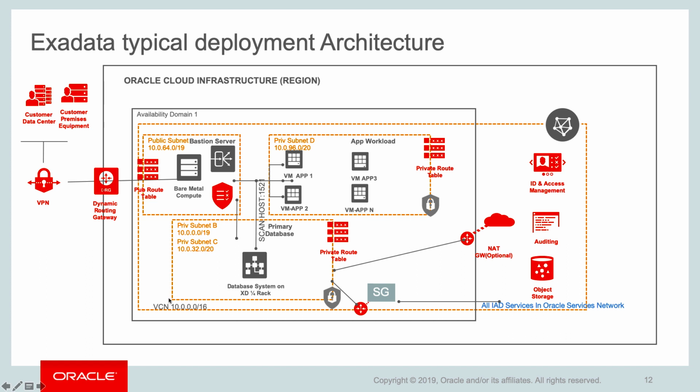So VCN is the first starting point, which is Virtual Cloud Network, and VCN creation needs a CIDR block to get started. In this case, I have taken a CIDR block of 10.0.0.0/16, which provides a large network for all the resources.